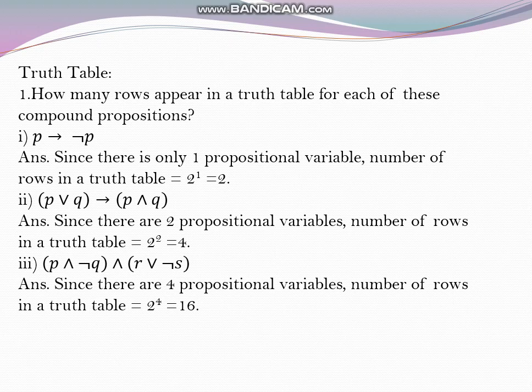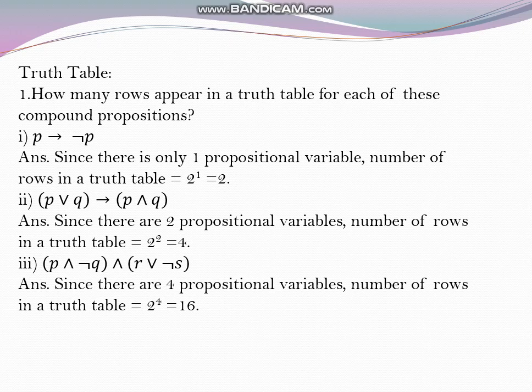The third one is P and negation Q or R or negation S. So how many propositional variables do we have? 4. So it is 2 raised to n, where n is the number of propositional variables, and therefore the number of rows in the truth table will be 2 raised to 4, that is 16.